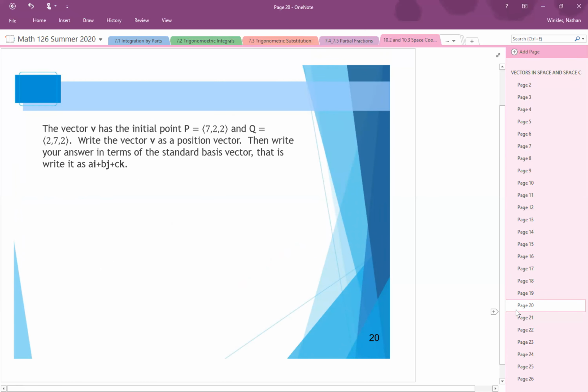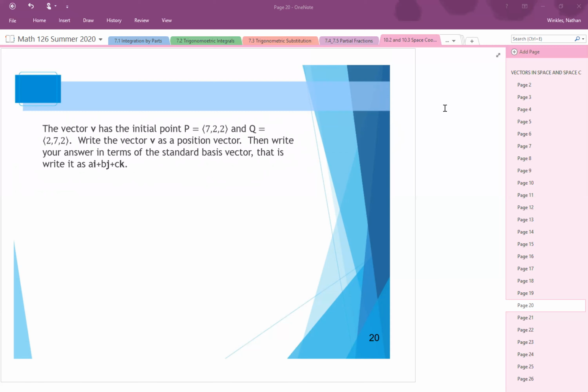So the next problem we have, we're told the vector v has the initial point p equals 7, 2, 2 and q equals 2, 7, 2. We're told to write the vector v as a position vector, then write the answer in terms of the standard basis vectors, that is, write it as ai plus bj plus ck. First we need to find our vector v before we can do anything.